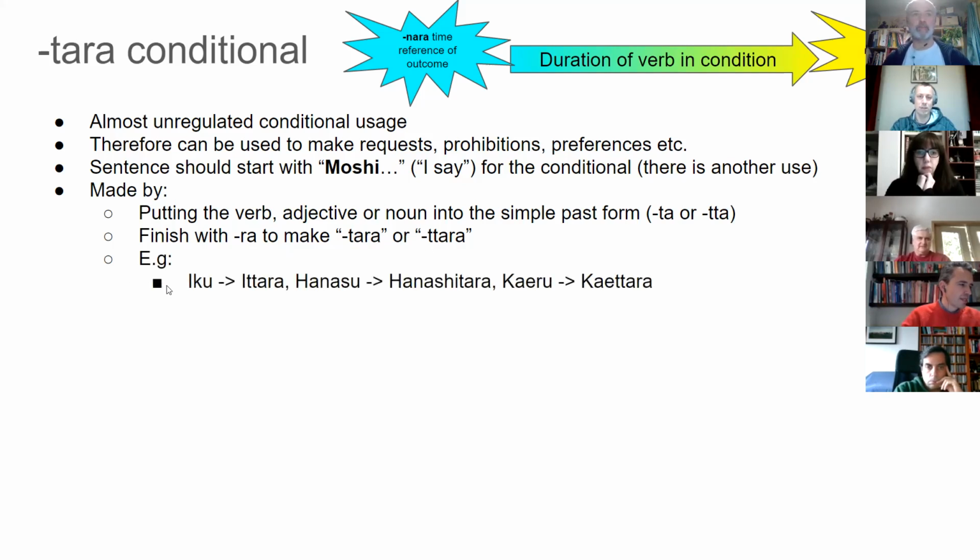For example, from group 1, if we've got iku, think about how to make the te form of group 1 verbs, and then this makes the ta form. So iku in the te form would be ite, becomes ita in the plain past form, and itara in the conditional. Hanasu becomes hanashite in the te form, hanashita in the plain past form, hanashitara in this conditional form. And then kaku, kaite, kaita, kaitara.